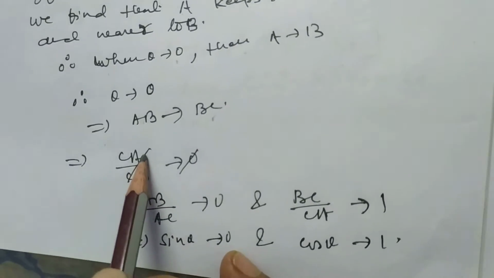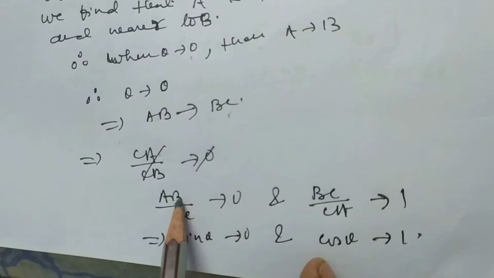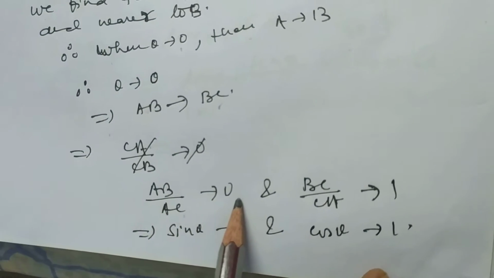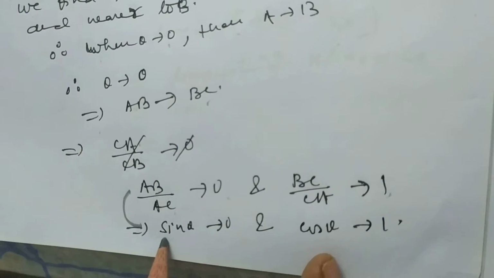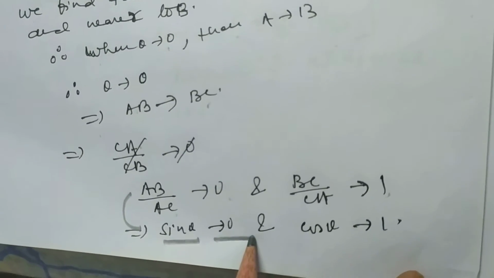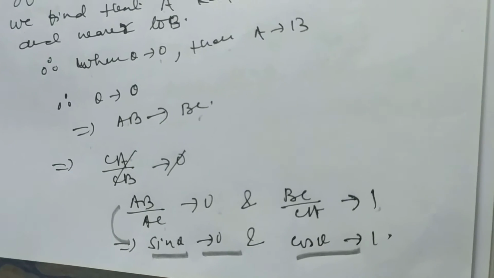So AB by AC tends to 0 and BC by CA tends to 1. And AB by AC is the value of sin theta, so sin theta tends to 0 and cos theta tends to 1.